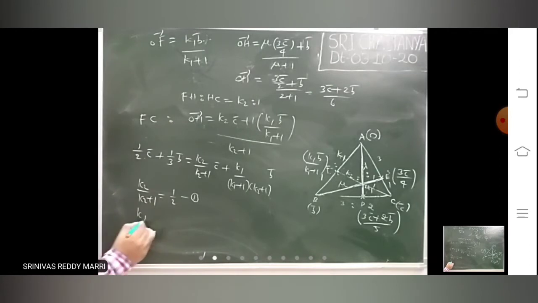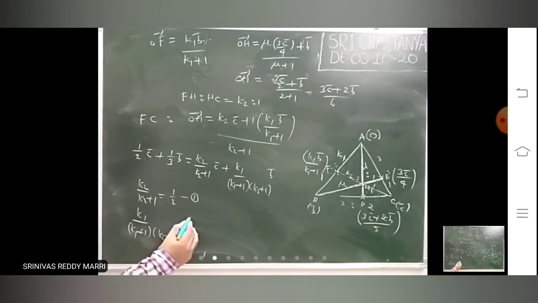Then K1 divided by K1 plus 1 into K2 divided by K2 plus 1 equal to 1 by 3.